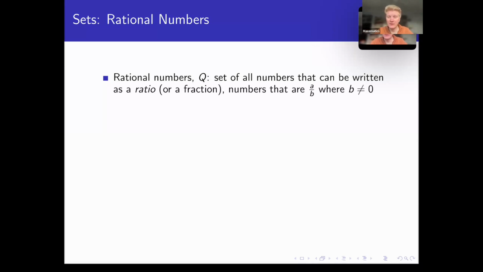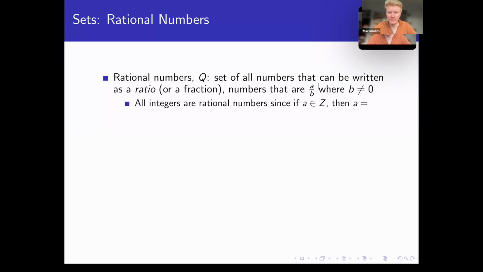So very specifically, any number divided by 0 we say is undefined. So we want to make sure that all of these numbers that we can write as fractions do not allow 0 to be in the denominator. All integers are rational numbers because if we have some number A that is an integer, then we can write A as A divided by 1. Well, if we can write A as A divided by 1, this is the definition of being a rational number.